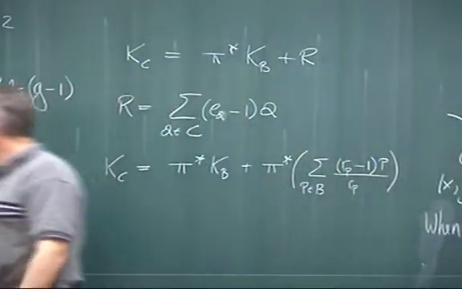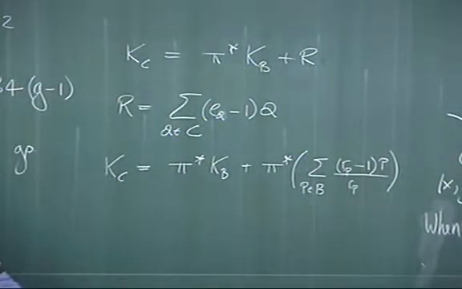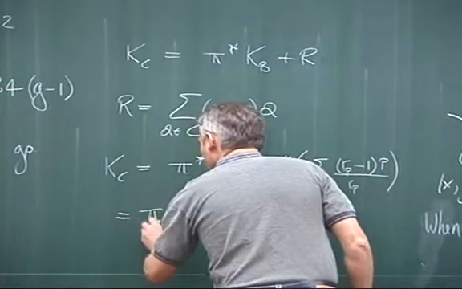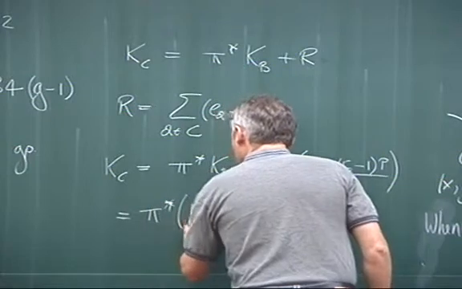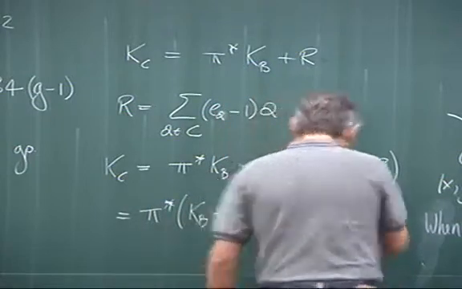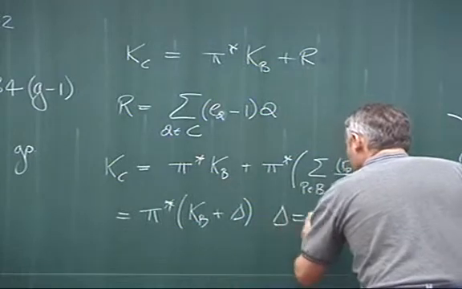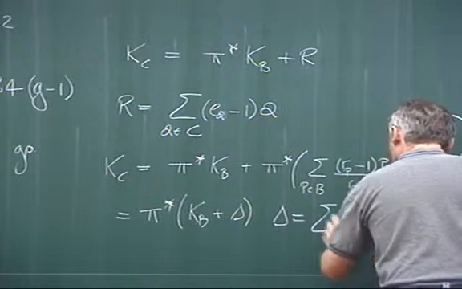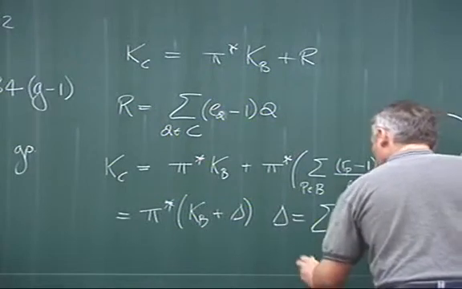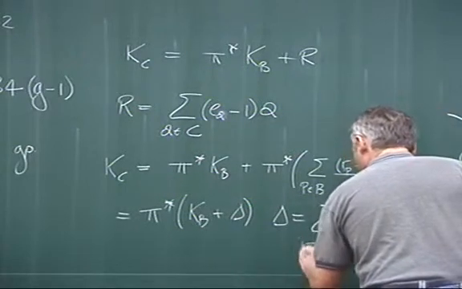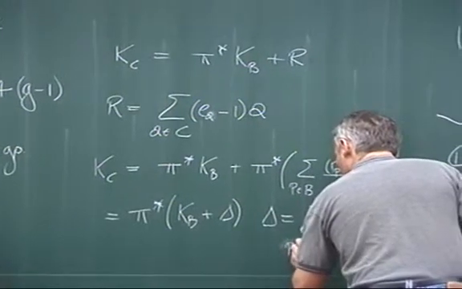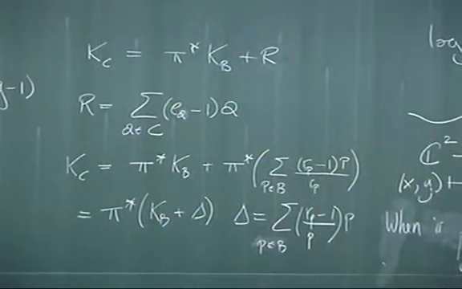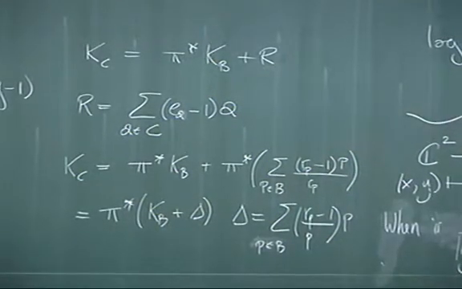Here there'd be 6 sheets, so I'm dividing by 2 for each of these points. So I can write this in the form pi upper star K_B plus delta, where delta has a very special form, a sum over points P in B.